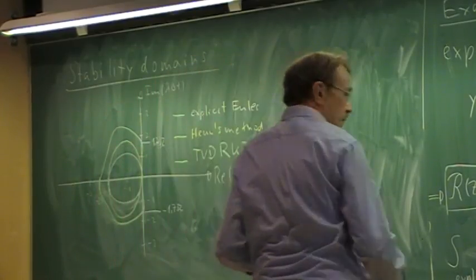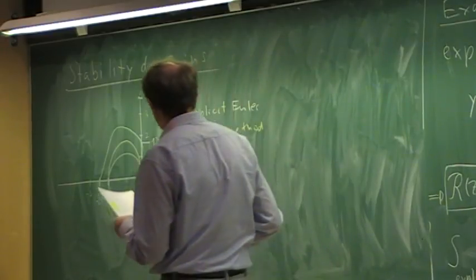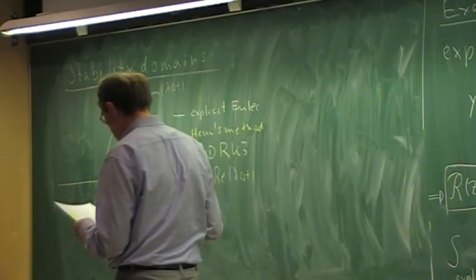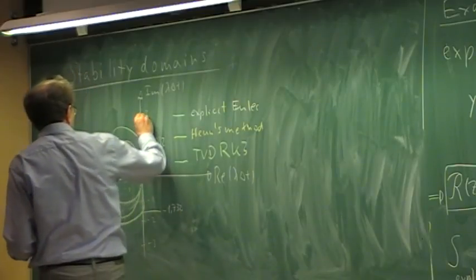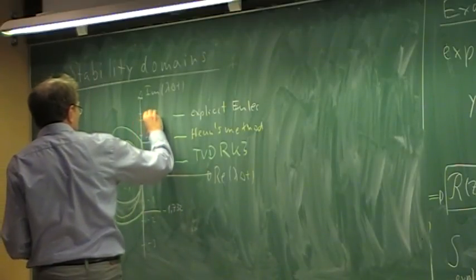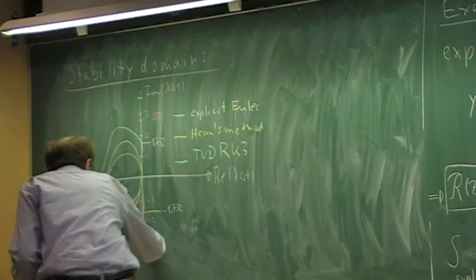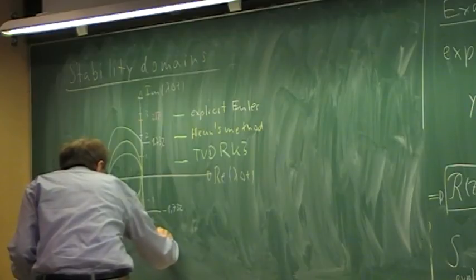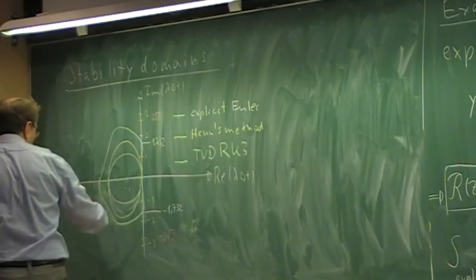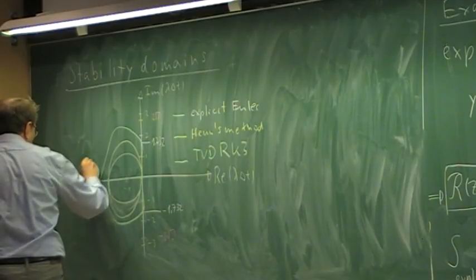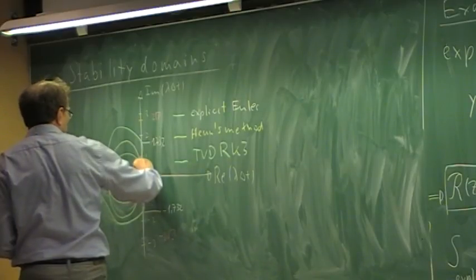And the method that you probably learned in the beginning when you did ODE methods in numerical analysis, that was the classical Runge-Kutta method. Then we are at 2 square root of 2 on the imaginary axis, and at minus 2 square root of 2, about 2.8, and also at minus 2 square root of 2.